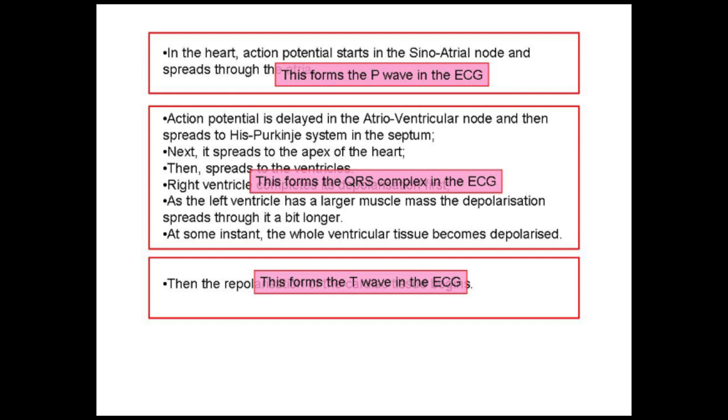After the action potential spreads into the whole ventricle and the QRS complex reaches its end, then after a delay, you will record zero potential again, because the whole ventricle is depolarized. It doesn't form any net dipole. The repolarization starts. The repolarization wave causes the T wave in the ECG.